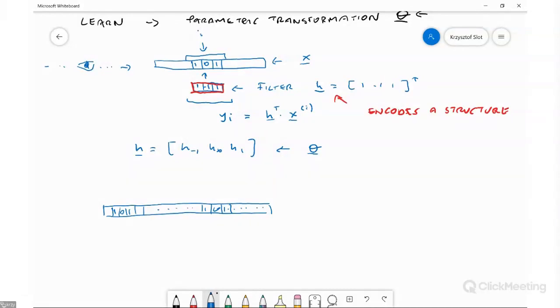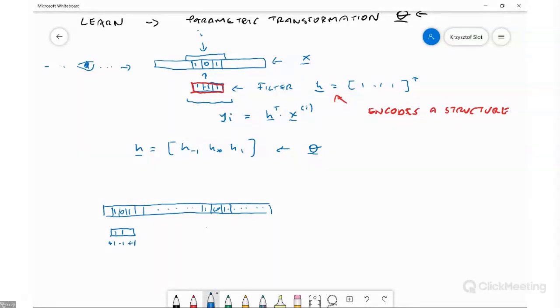So if I would like to detect a structure regardless of where it is located, and have translational invariance, what I need to do is apply the same filter here: minus 1, plus 1, minus 1, plus 1.